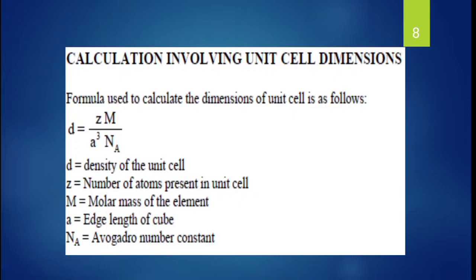Its value is 6.022 into 10 raised to 23. So by this formula we can calculate the density of the cell and the number of atoms involved in a crystal solid, and we also get the molar mass and edge length of the unit cell.